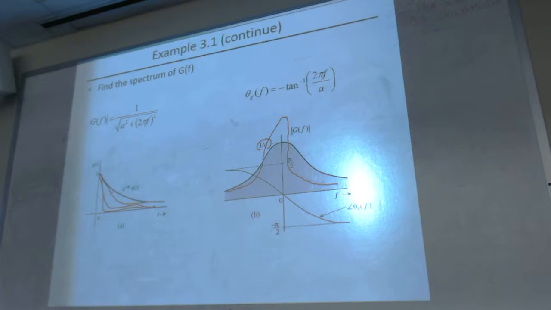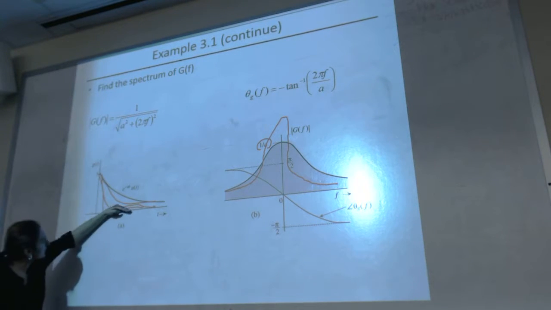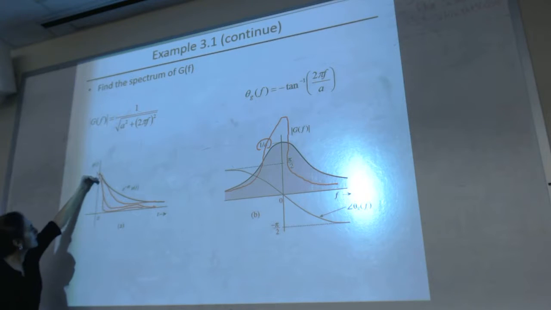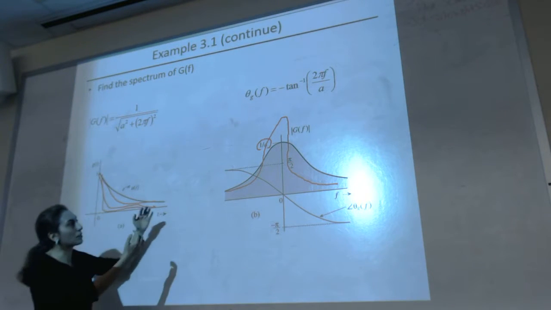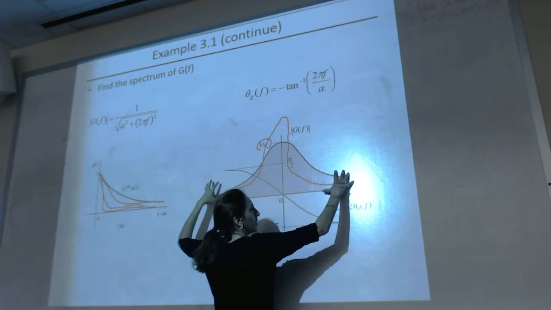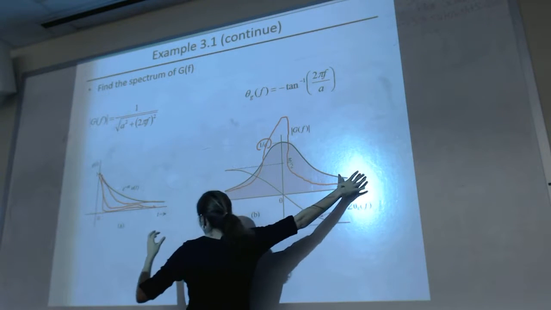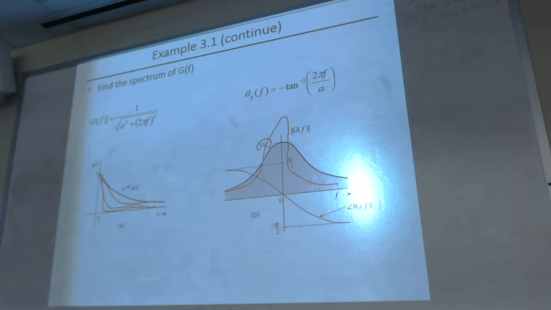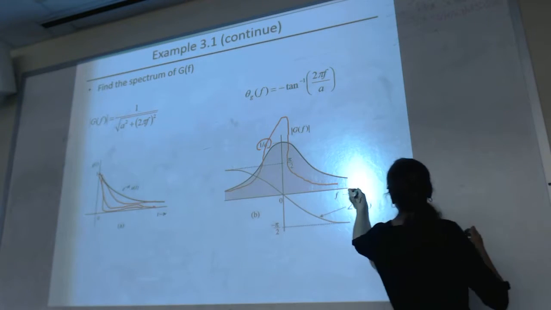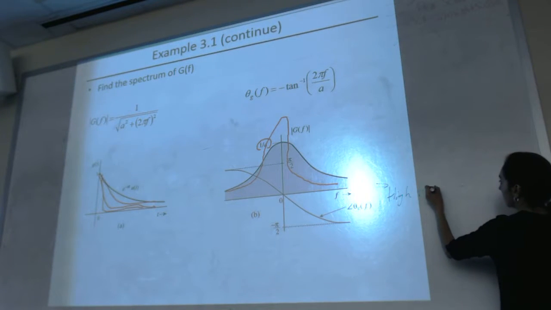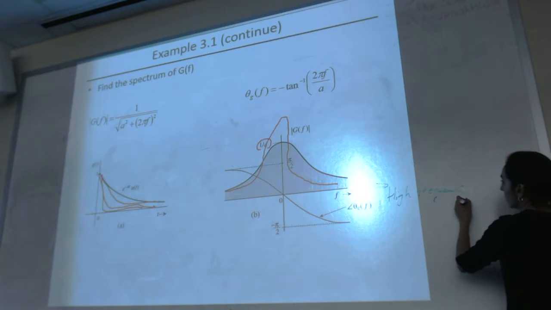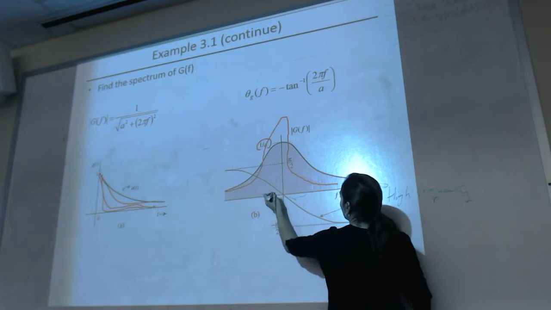I guess intuitively, if your signal drops faster, it will have higher frequencies, which means that the higher frequency component will be larger. So as we go here, these are high frequency components, and around here, let's say they are low.